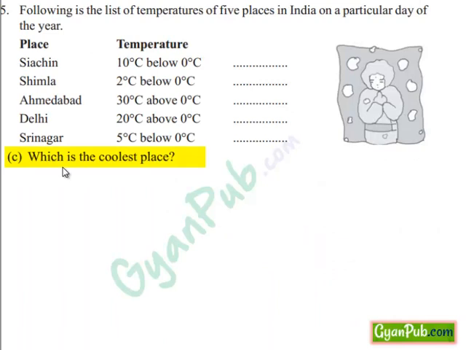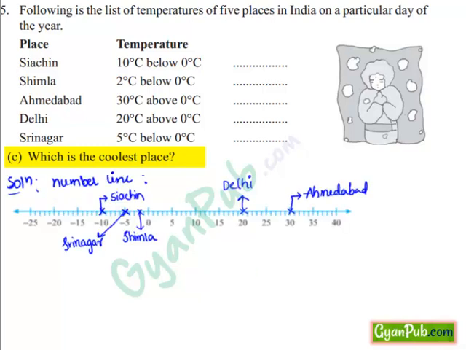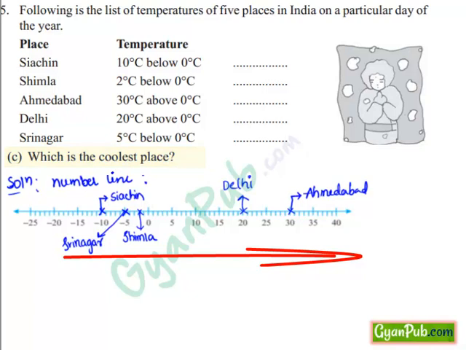Moving on to the C bit, which is the coolest place. Coolest place is nothing but the temperature which is least among these 5 places. Coming to the solution, to find the temperature which is least among these, we will use the previous bit number line. On this number line, as we move left to right direction, numbers are in increasing order.